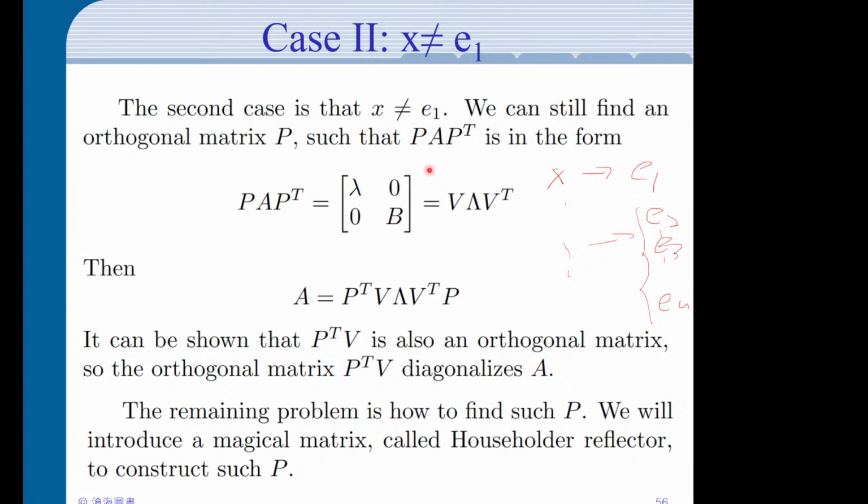In this new coordinate, we see that this X matrix is kind of orthogonal to everything else, and you go back to this lambda B condition, and then we use our induction step, and we say that B can also be orthogonally diagonalized.